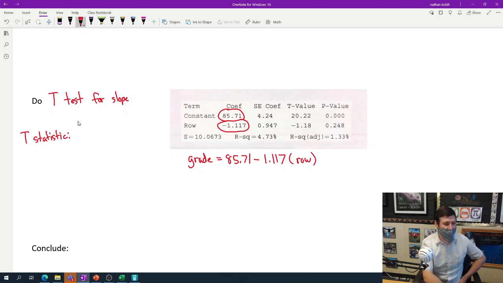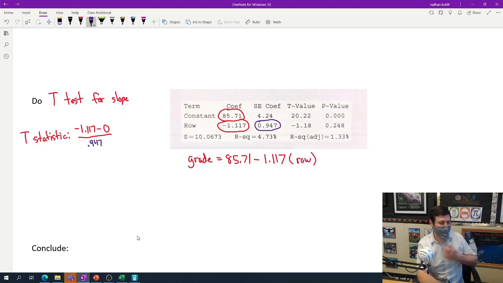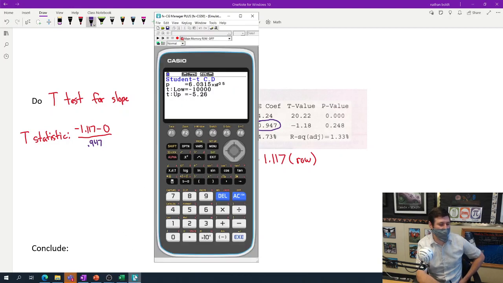So let's test that slope. So it's negative 1.117 minus, our null is 0, divided by the standard error of the slope, which is that one, 0.947. Put that into my calculator here.